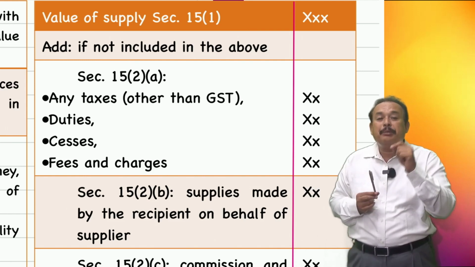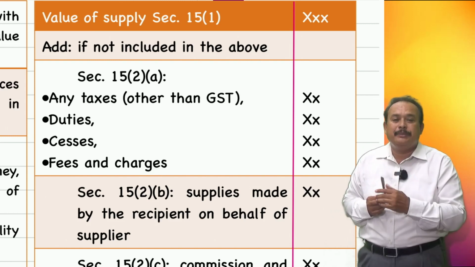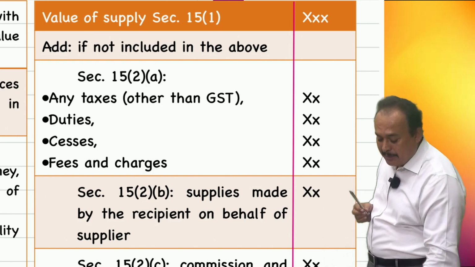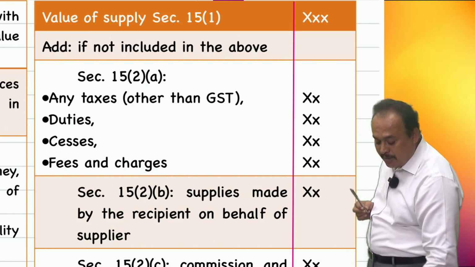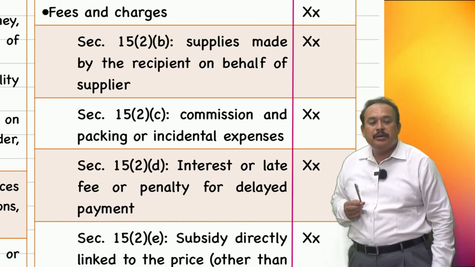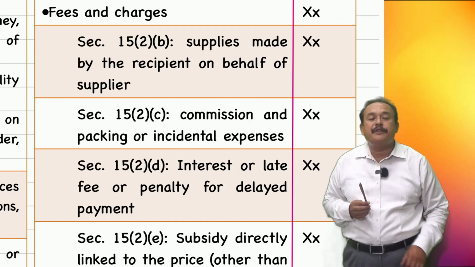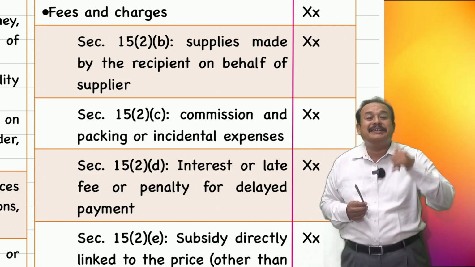Therefore, the department says, look at section 15, subsection 2, clause B, where supplies made by the recipient to the supplier freely before supply. That means supplies made by the recipient on behalf of the supplier, that value, if anything is there, add it in the value.